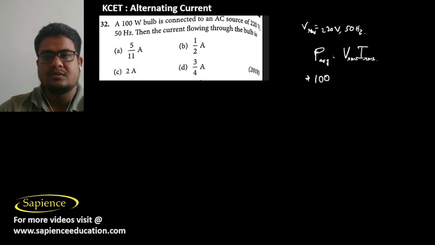Therefore, 100 watt is equal to 220 into IRMS.